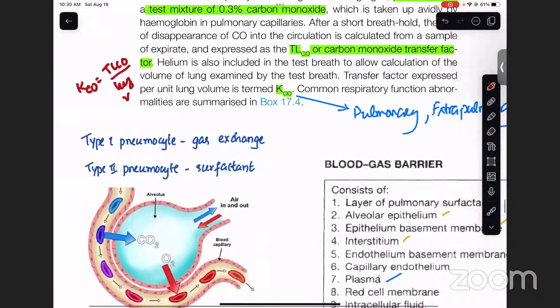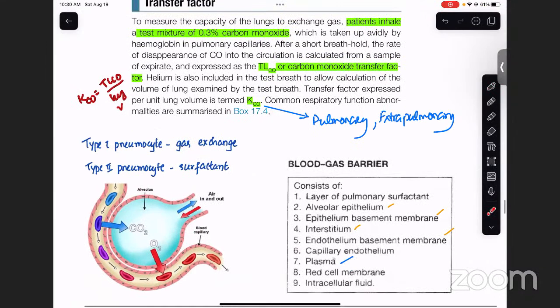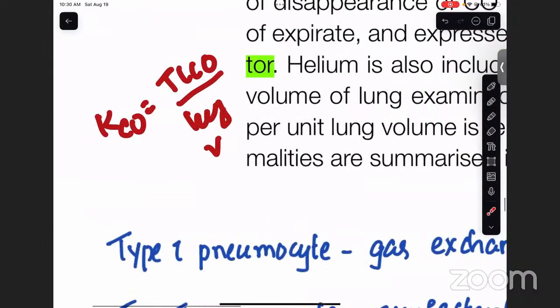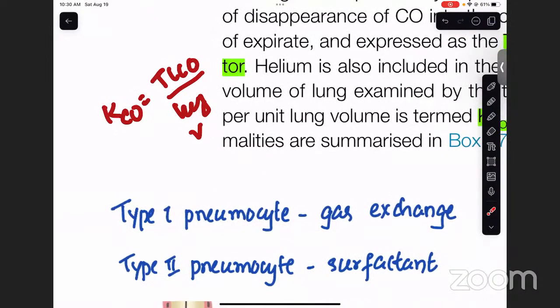Also, it is important to know that it not only detects pulmonary causes, but also extrapulmonary conditions like kyphoscoliosis and other neurological conditions. Okay. Here, this is KCO. KCO means TLCO divided by the unit lung volume.